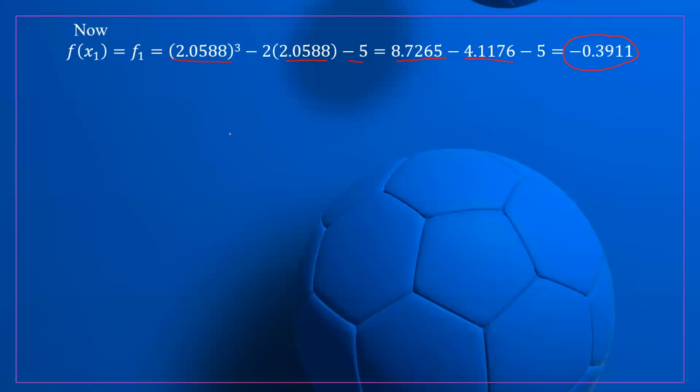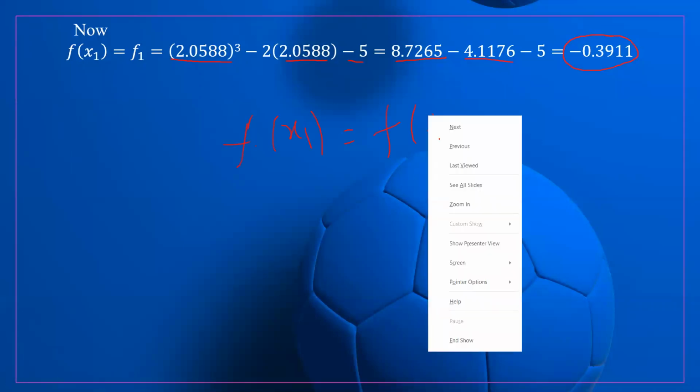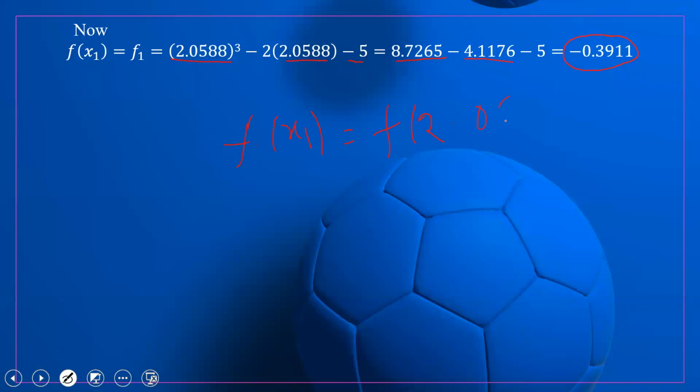So for f of x1, that means f of 2.0588, we are getting a negative value. And for the value of f of x0, it is f of 3, we are getting 16, which is a positive value. So clearly the root will lie between x1 and x0.